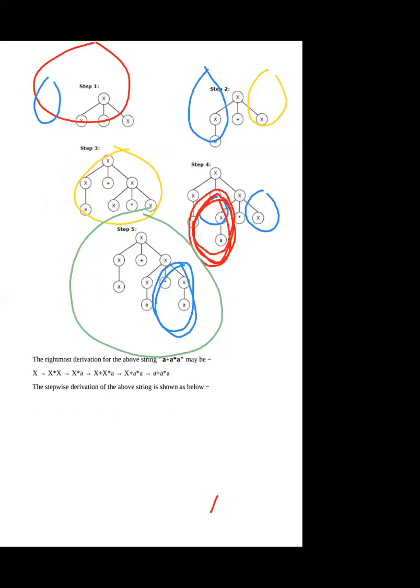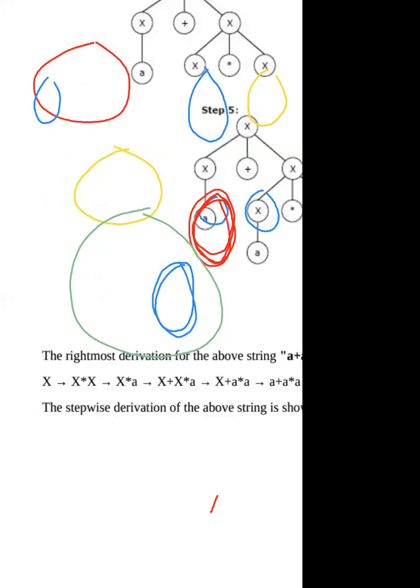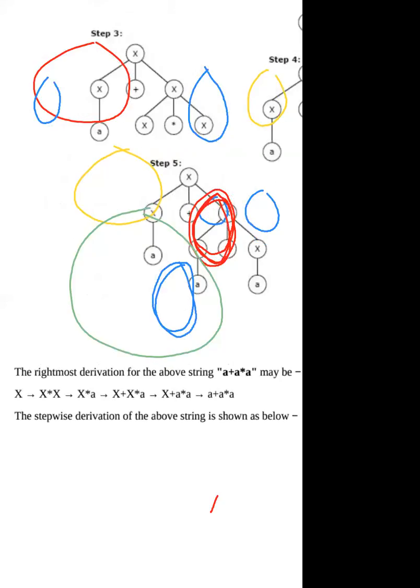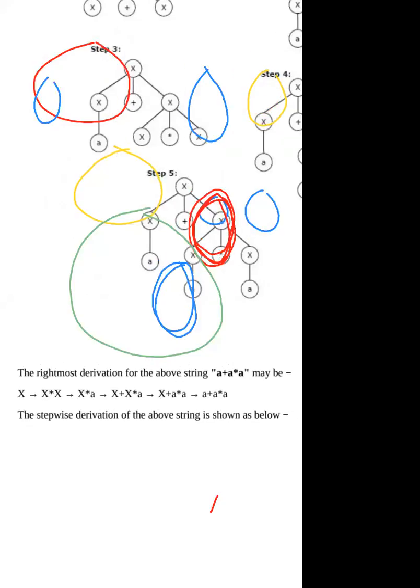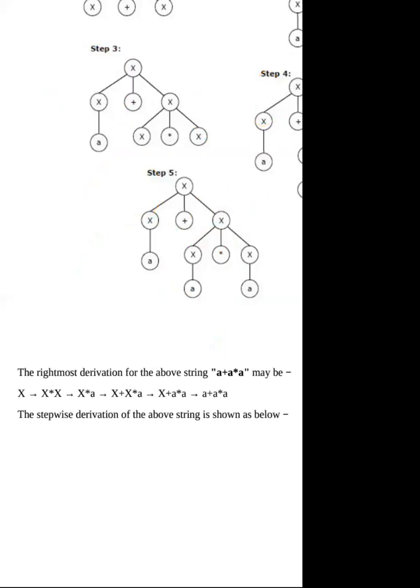Let's do rightmost derivation. In your copy, start. Take this example. First write X implies X into X. All of you do it in your copy. Now you are going to do rightmost derivation.